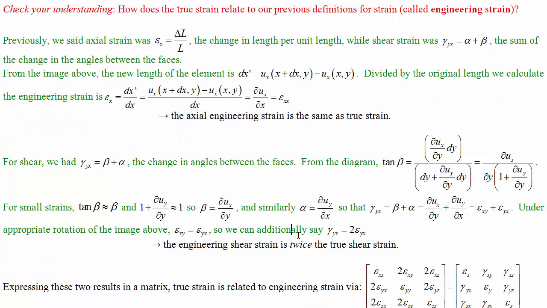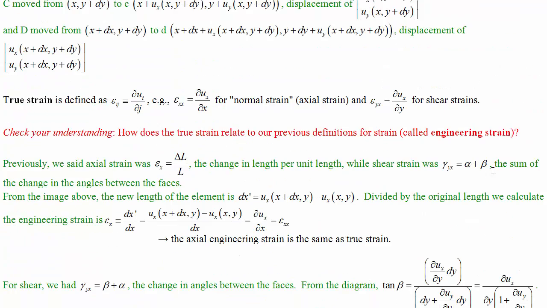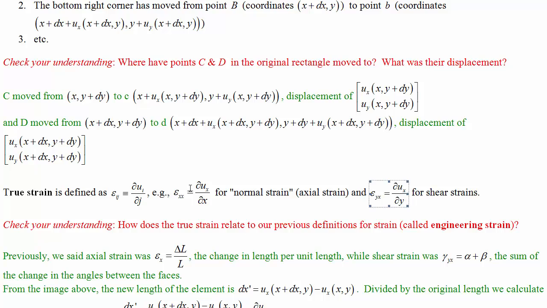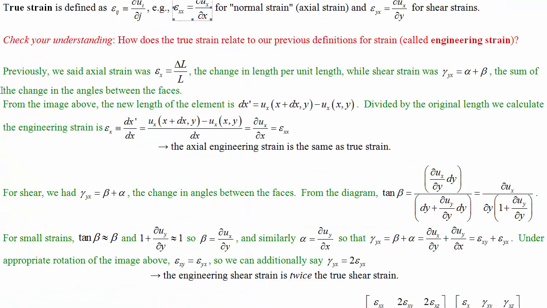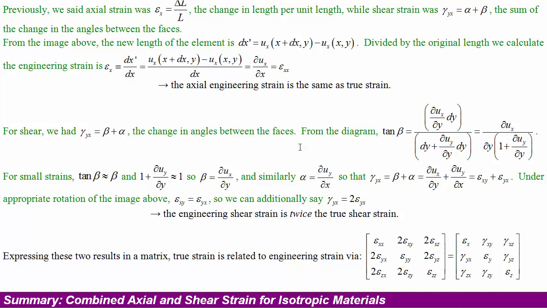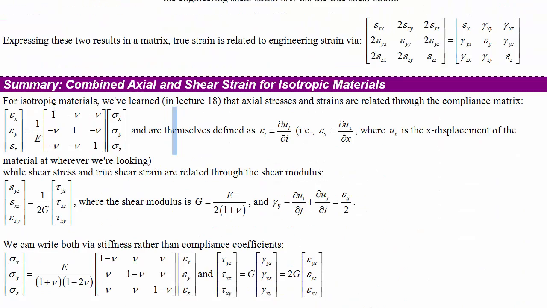If you want to look into the math of how that worked out, besides just taking in these definitions, the math is here for you. I've done that, so feel free to go ahead and read through it if you like. So let's summarize what we need to know here. For isotropic materials, which are ones that behave the same in all directions, we've learned that axial stresses and strains are related through the compliance matrix.